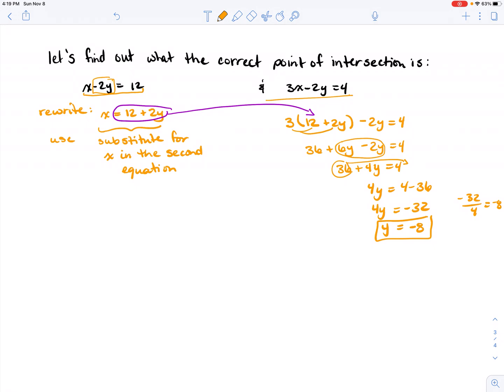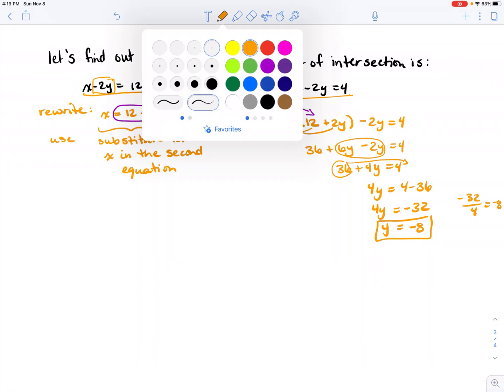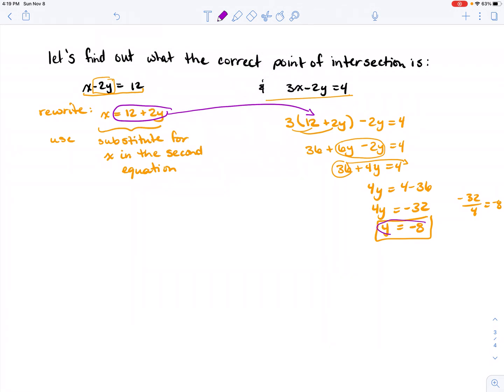Well, that's great, Miss Carla, but how am I going to find my x? Well, what I'm going to do is take this y equals negative 8, and input it back into one of the two equations to solve for my x. I'm going to input it into the first equation just because it's fewer numbers to deal with.